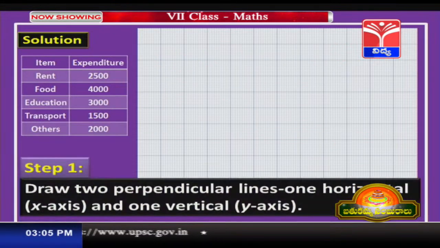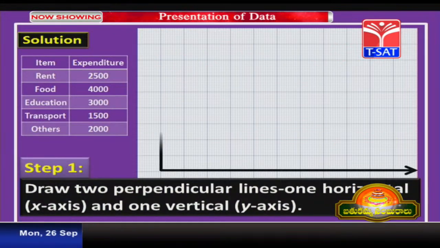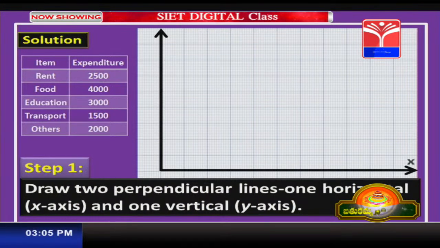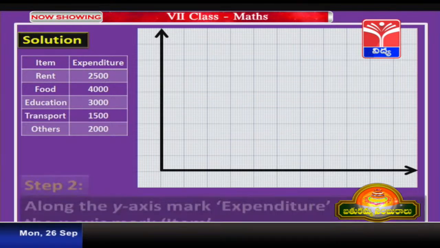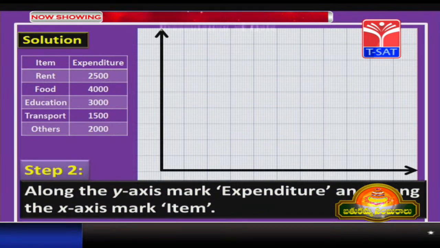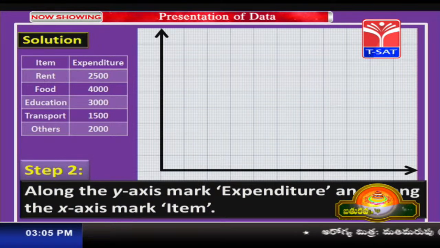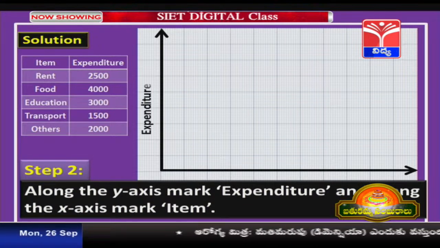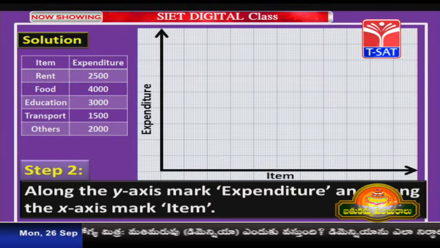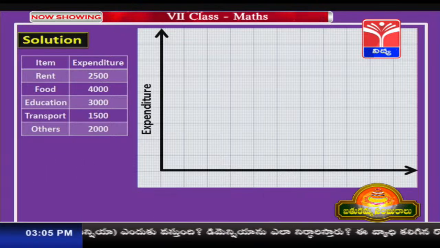So, first, the horizontal line and the vertical line both are perpendicular to each other, and we mark it as x and y axis. Okay, children. Then, along the y axis, we are going to mark the expenditure, and along the x axis, we will mark the item. And in third step, what are we going to do?